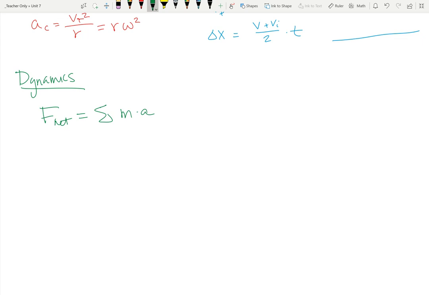And we know from our first pivot that F net translates into torque net. And so torque net is going to be something times alpha. What's going to go here?